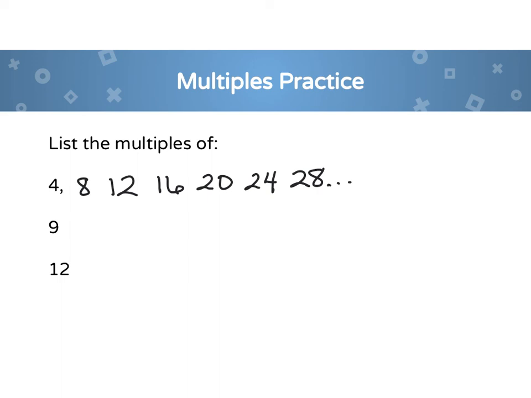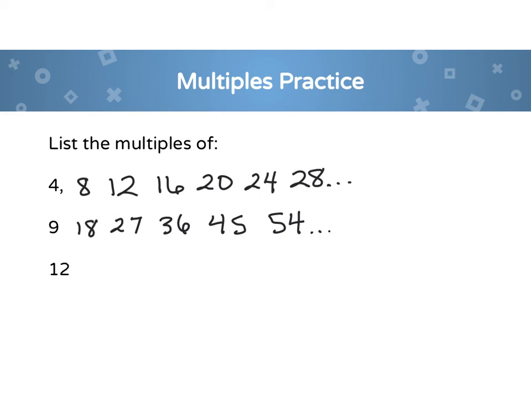So, how about 9? We have 9. What would come next? 18, 27, 36, 45, 54, and I can go on and on and on to infinity. Okay, how about the multiples of 12?